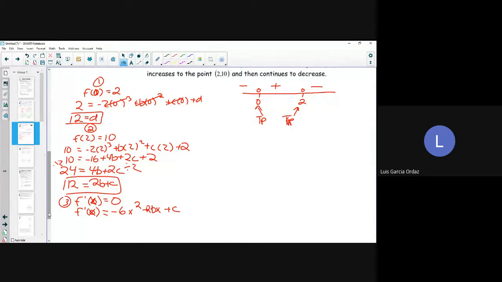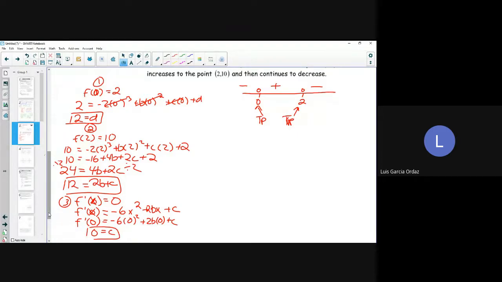And because we can sub in f prime at 0 to check one of the roots, that's one of the turning points. f prime at 0 is equal to 6 times 0 squared plus 2b times 0 plus c. So that means 0 is equal to c.